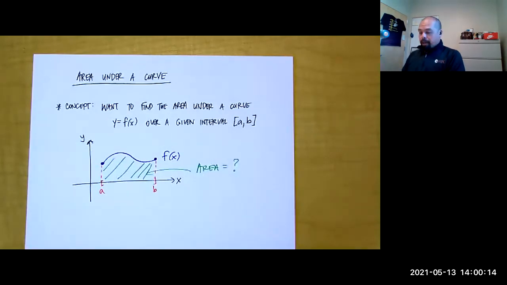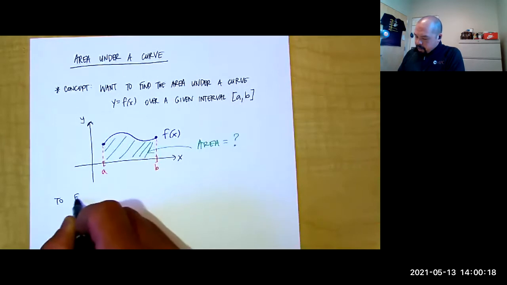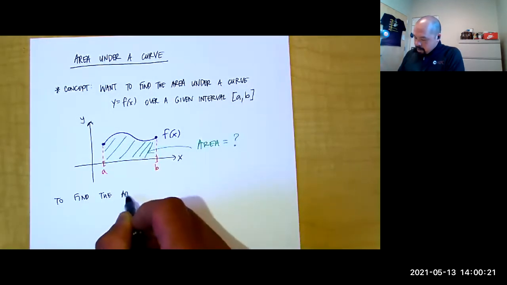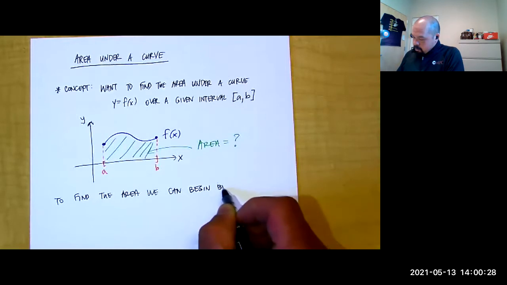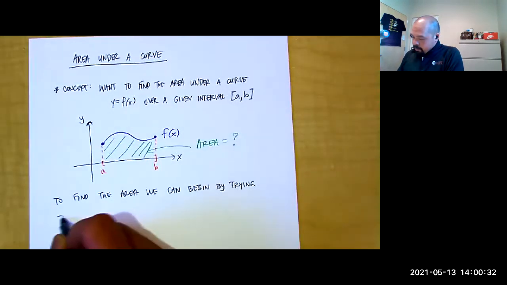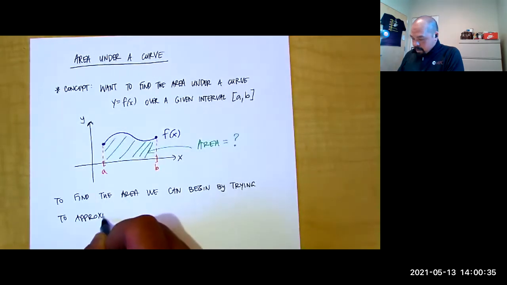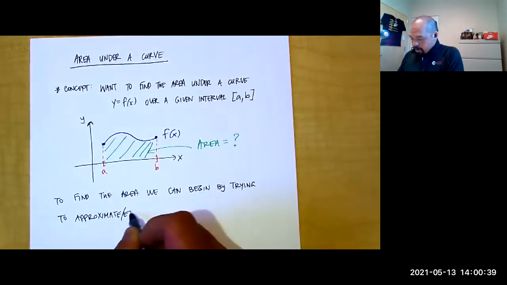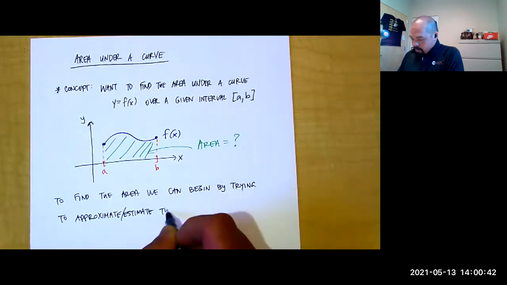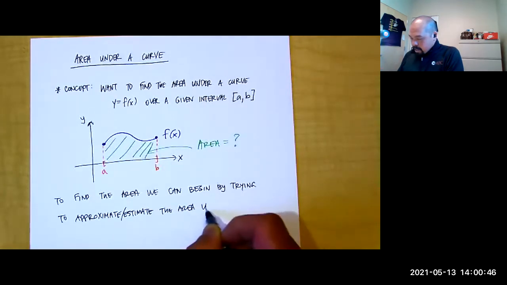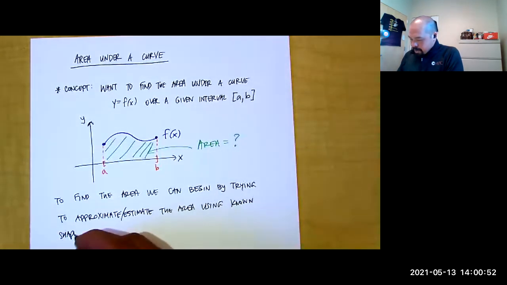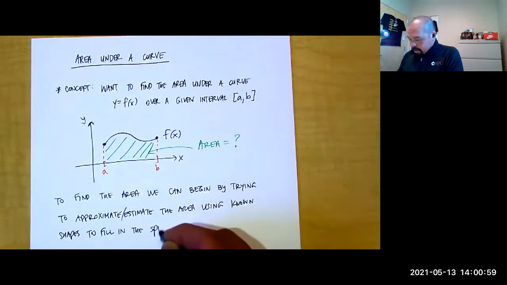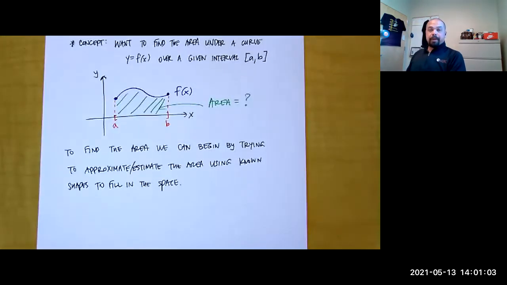So how could we find this area? To find the area, we can begin by trying to approximate, to estimate the area, using known shapes to fill in that region.